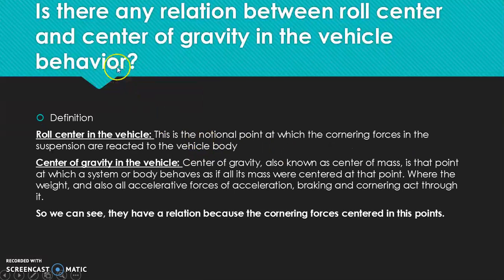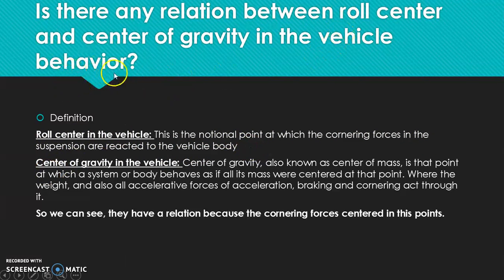And the questions: is there any relation between roll center and center of gravity in the vehicle behavior? We have a definition of roll center in the vehicle. This is the notional point at which the coordinating force in the suspension are reacted to the vehicle body.